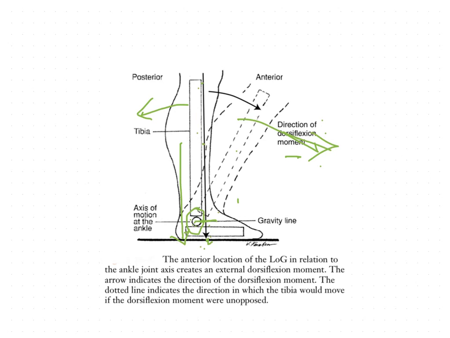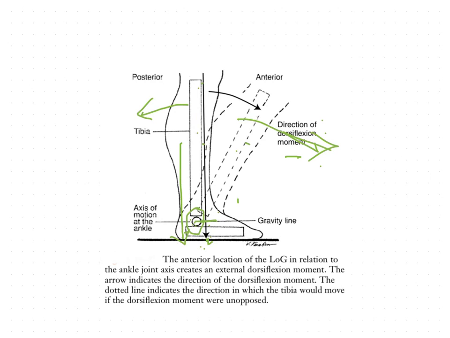So in a postural analysis viewed from the side, that is the sagittal view, external gravitational torques producing anterior and posterior motion of the proximal joint segment are referred to as flexion or extension moments. So that is what is taking place here.